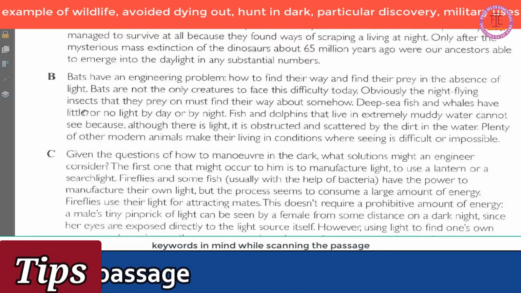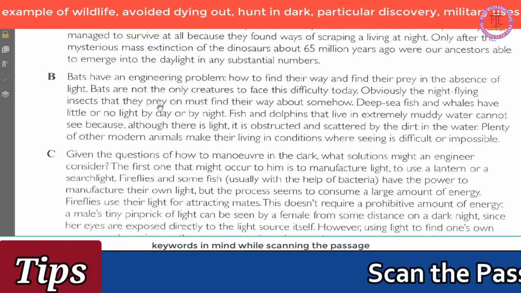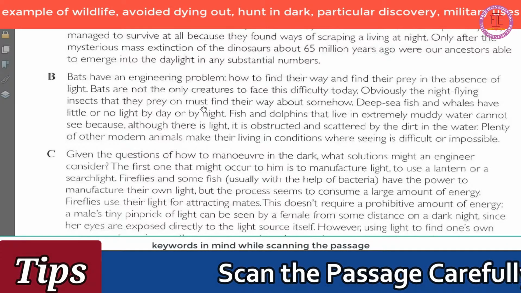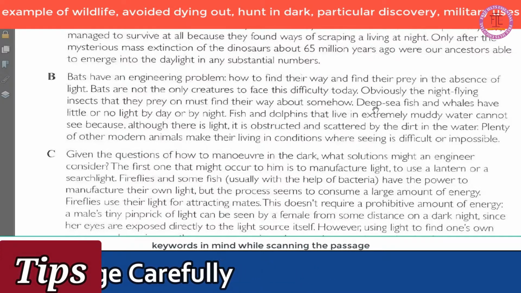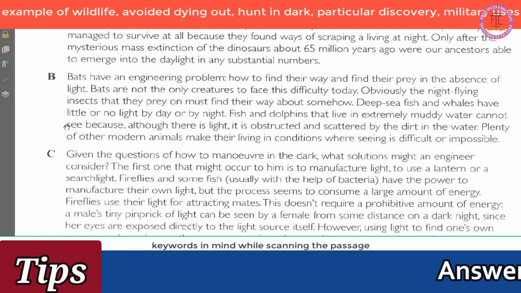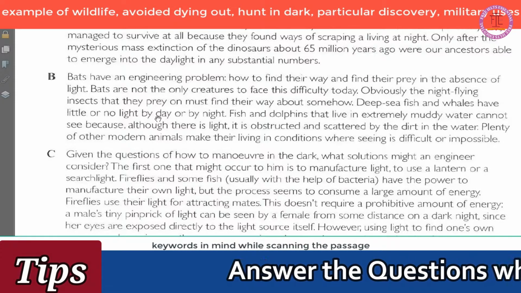the animals other than bats. They don't rely on vision, and the prey they hunt must find their way about somehow. So these are deep sea fish and whales. Have little or no light by day or by night.